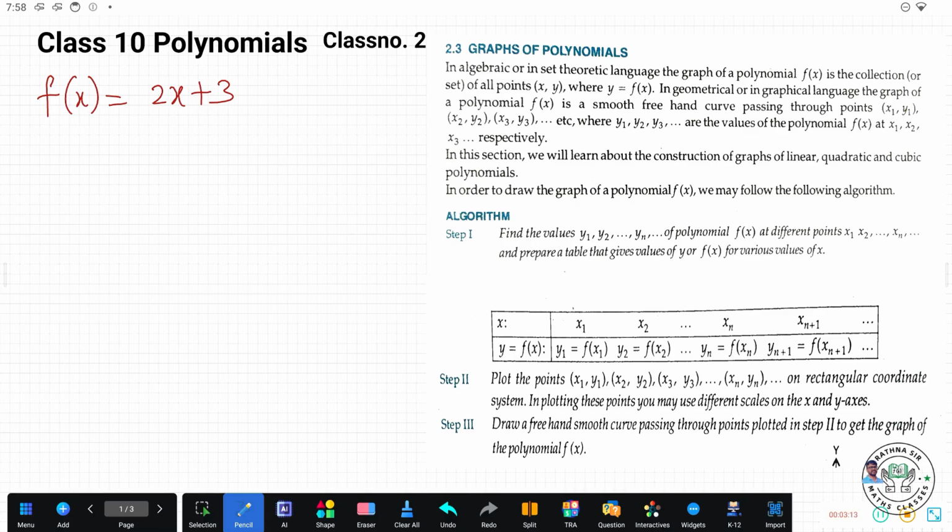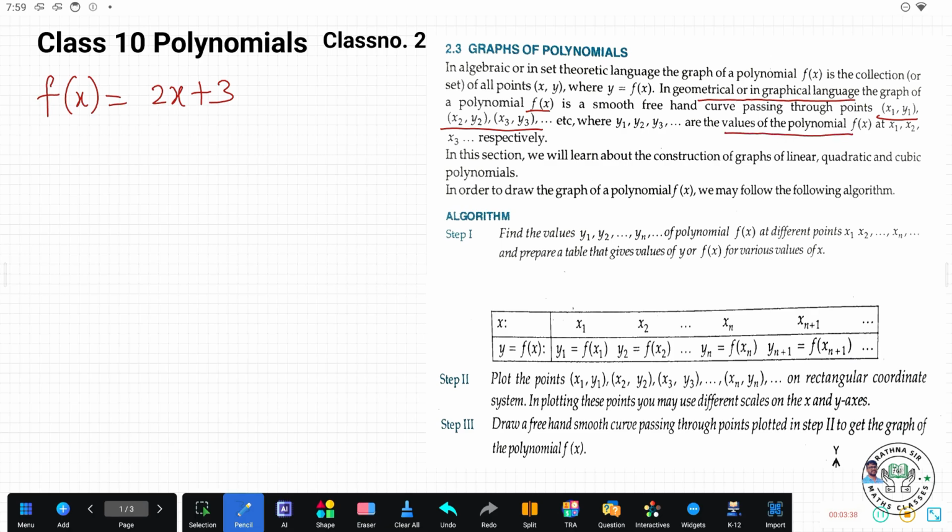In geometrical or graphical language, the graph of a polynomial f of x is a smooth freehand curve passing through the points (x1, y1), (x2, y2), (x3, y3), where y1, y2 and y3 are the values of the polynomial.